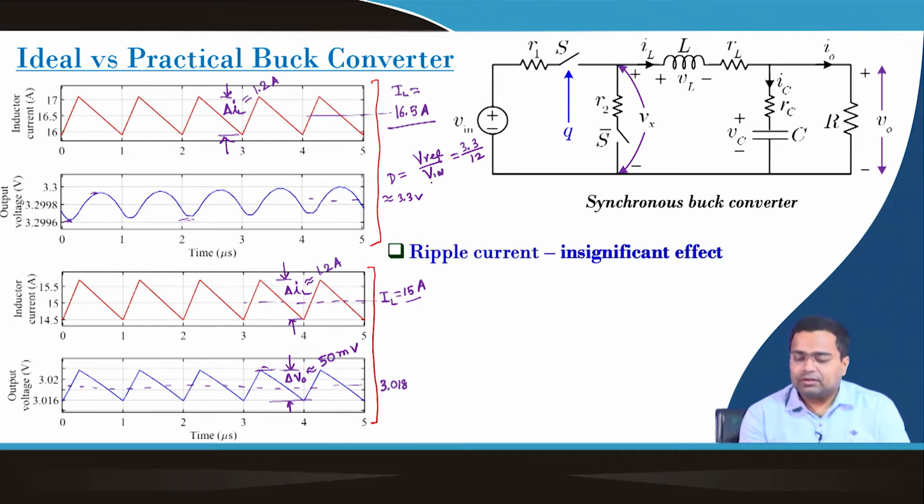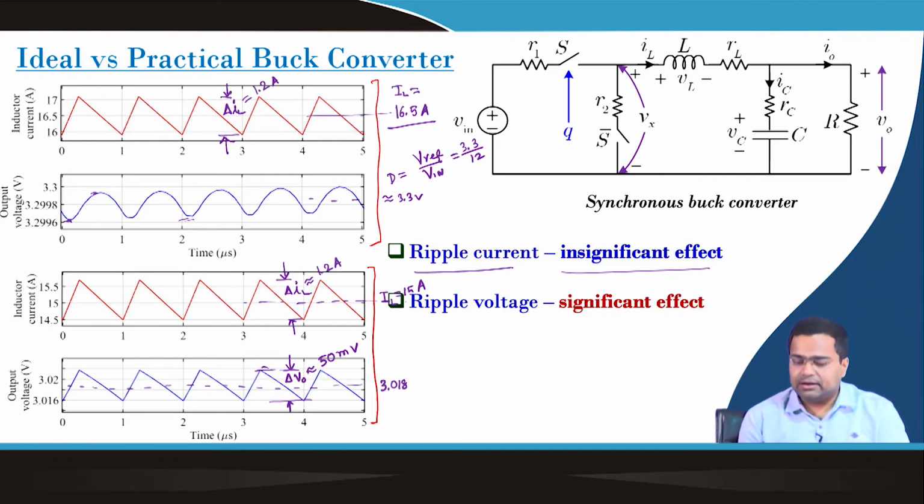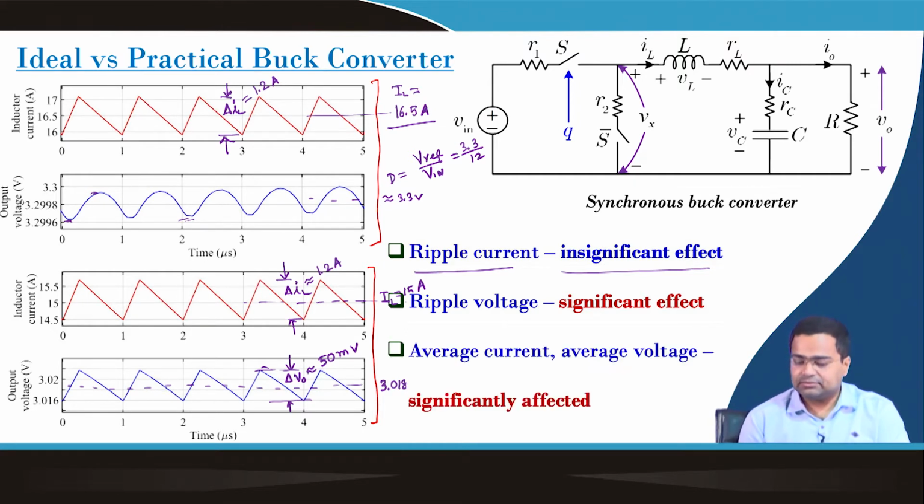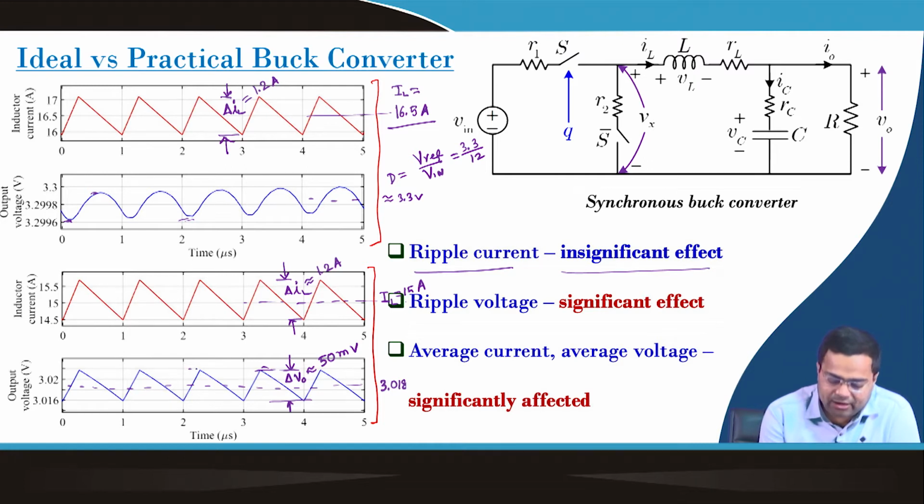So adding parasitics has an insignificant effect on ripple current. But for ripple voltage there is a significant effect, it has suddenly increased. The average current and average voltage both got affected significantly. Another point: the profile of the output voltage looks almost in phase with the inductor current.